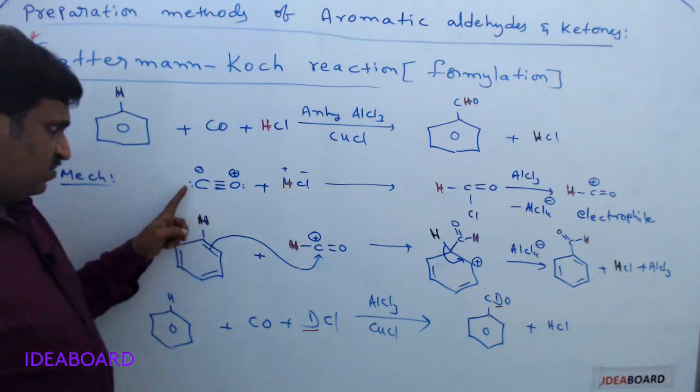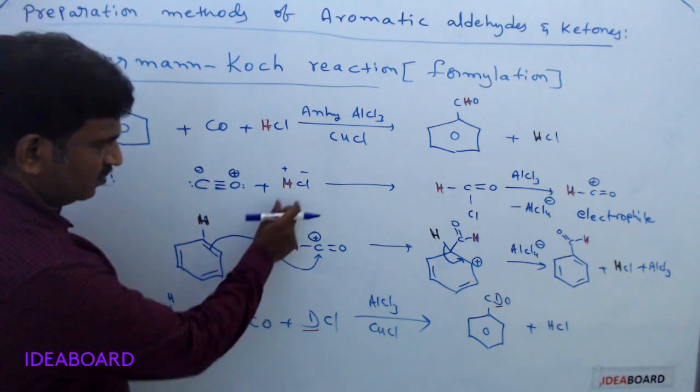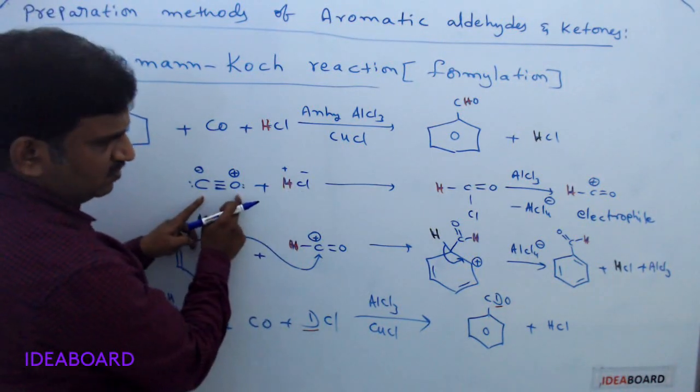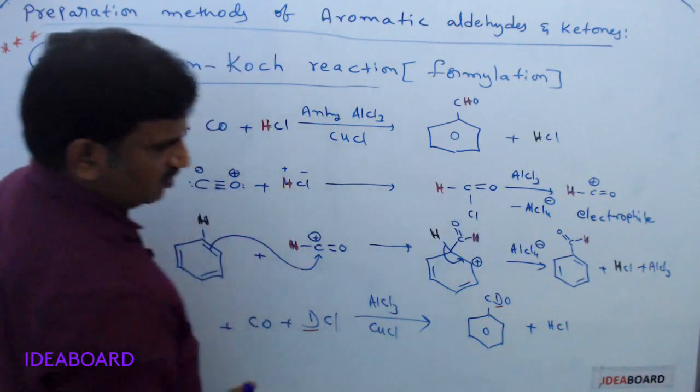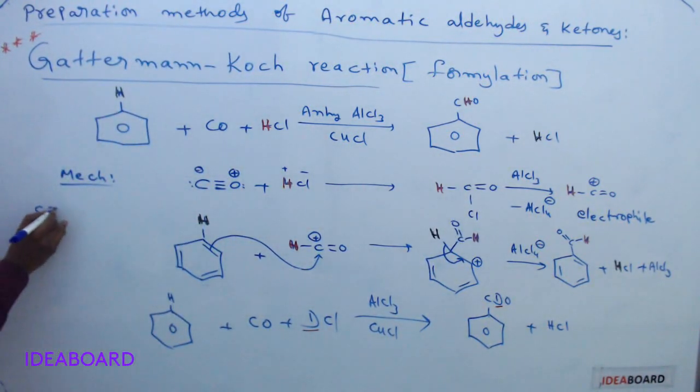Here you may get a doubt. Here I wrote minus, here plus, here plus, here minus. Sir, both will be at different places now, but here you wrote both the same. So please remember, I will give it one more time. C triple bond O, here one lone pair, here one lone pair.